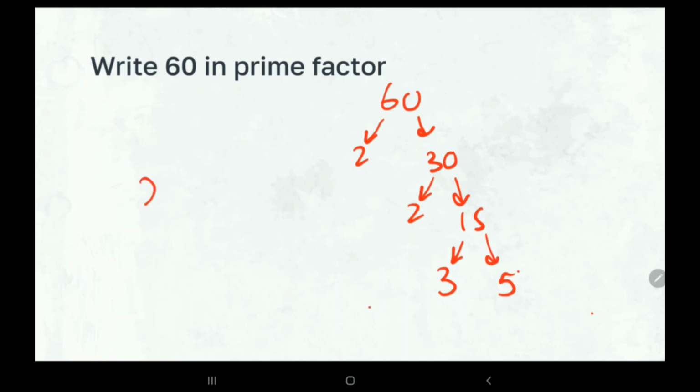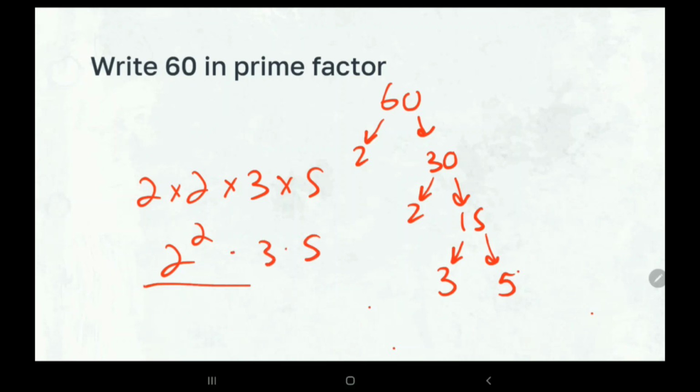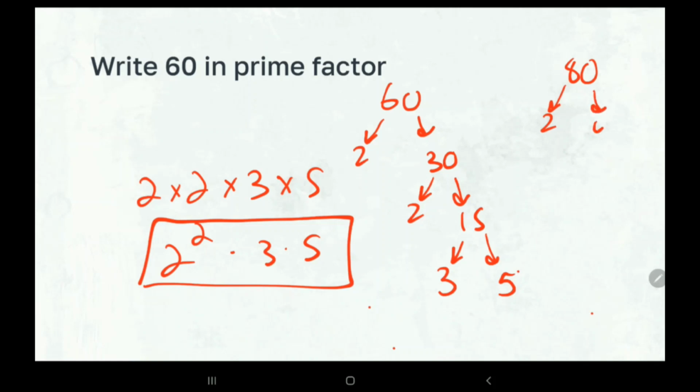So we will write it as 2 times 2 times 3 times 5, or 2 squared times 3 times 5. So this is 60 in prime factors. Another example would be, let's say, 80. So 80 divided by 2 is 40, divided by 2 again is 20, divided by 2 is 10, divided by 2 is 5.